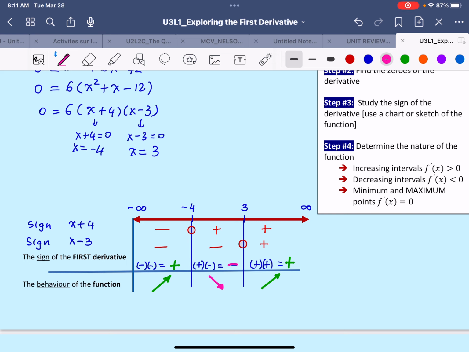So therefore, we're going to say that h of x is increasing, let's be consistent, h of x is increasing for x values from negative infinity to negative 4, joined by 3 to infinity. And h of x is decreasing for x values from negative 4 to 3.